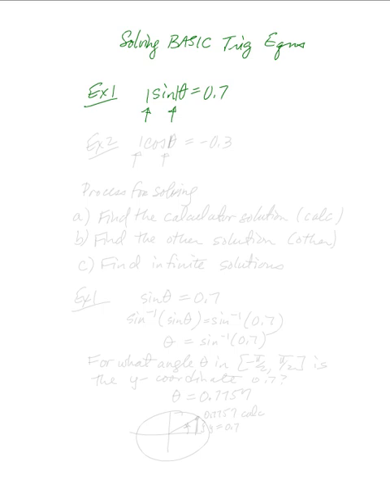That is a basic trig equation. Another example: cosine of an angle equal to negative 0.3. Again, a coefficient of 1 in front of the trig function, a coefficient of 1 in front of the angle, and it's just equal to a number. So that is the type of equation we're going to be solving.